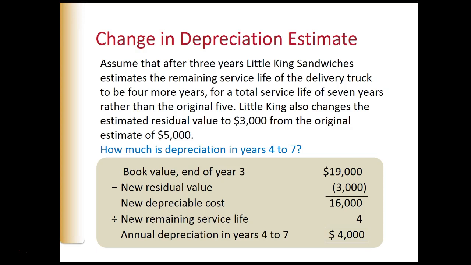As you see on this slide, Little King Sandwiches makes all the changes in years 4 through 7. It doesn't go back and change the calculations for the depreciation that we've already recorded during the first 3 years.